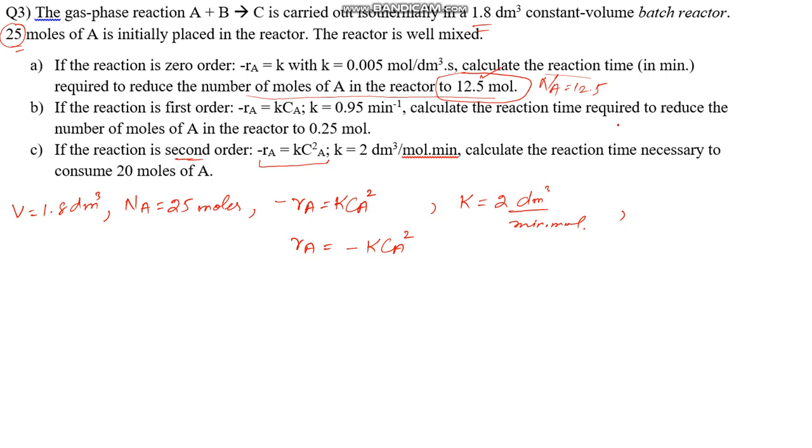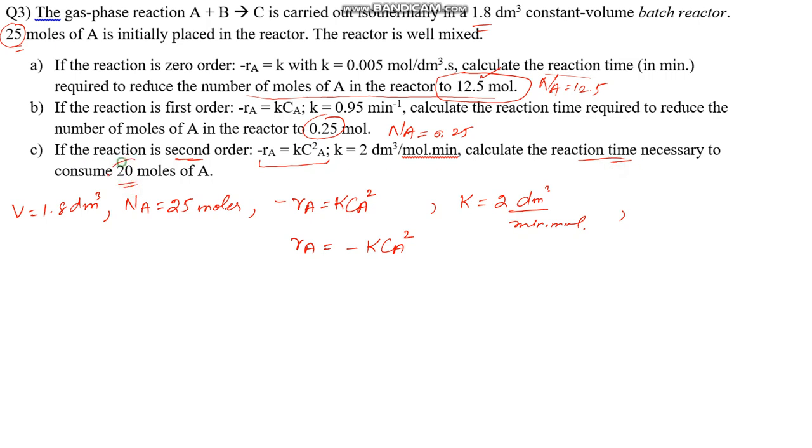In the second part, he used the sentence to reduce the number of moles to 0.25. So your Na was 0.25. But in the third part, he is saying to calculate the reaction time necessary to consume 20 moles.